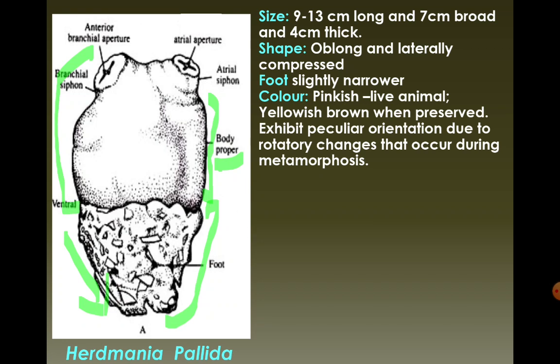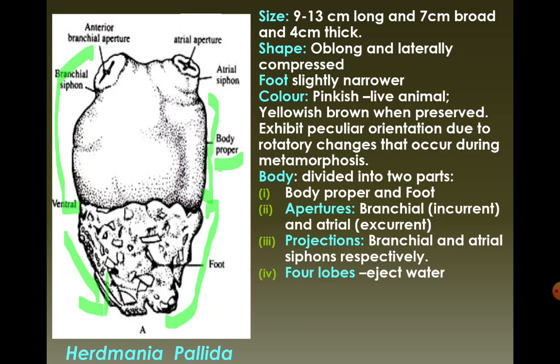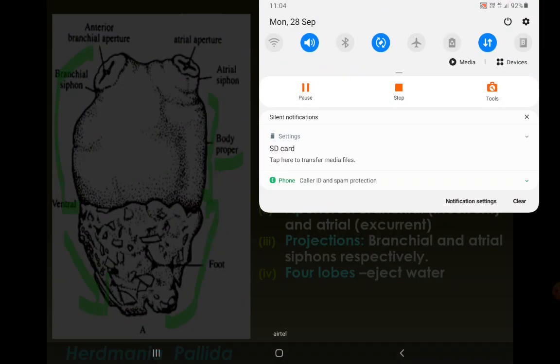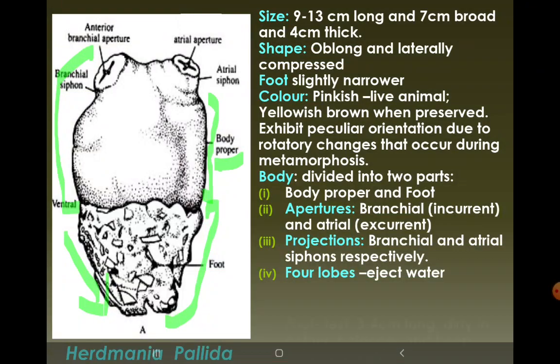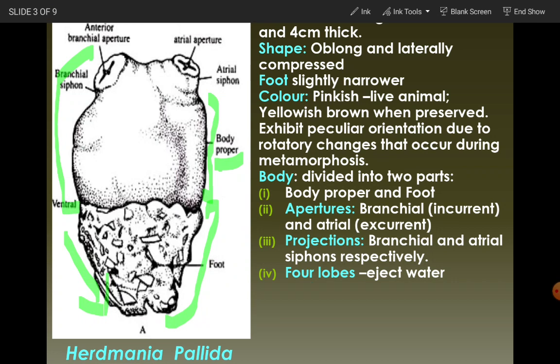Now if you see, this becomes the anterior region. The anterior region is towards the branchial aperture, and the posterior region would be here.